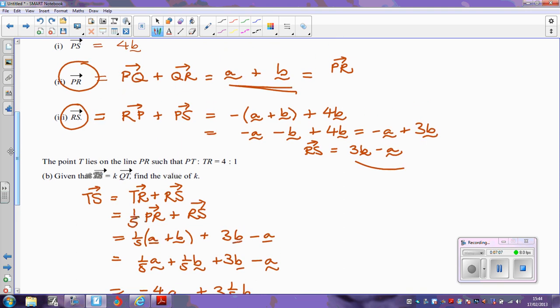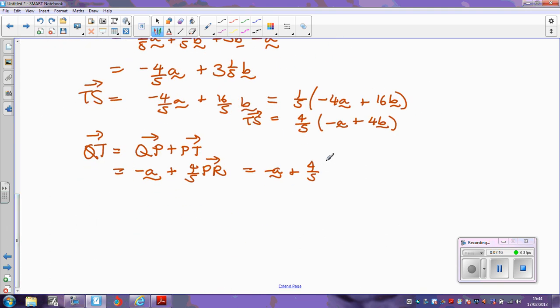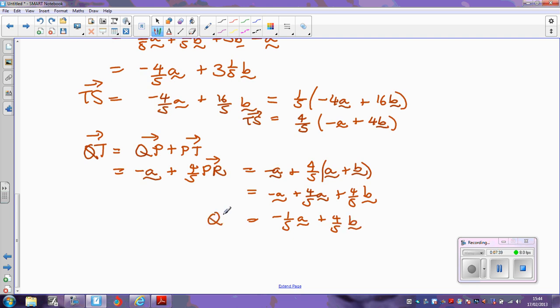It's A plus B. So it's 4/5 of A plus B. And if we remove the brackets there, so that's minus A plus 4/5 A plus 4/5 B. And if I do minus A plus 4/5 A, well, minus 1 plus 4/5, well, that's still minus 1/5 A plus 4/5 B. And that's the vector QT.